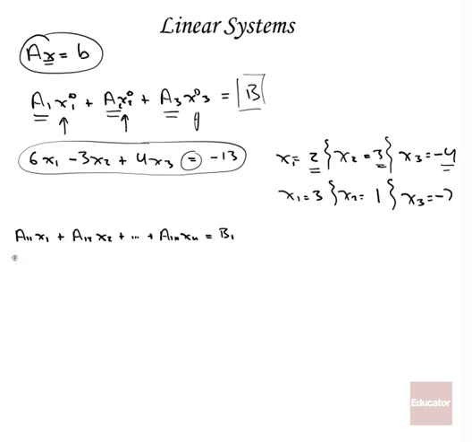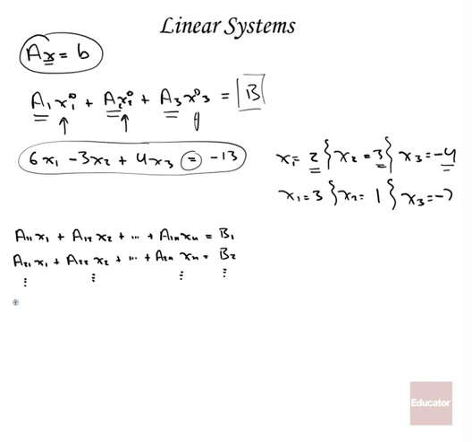And now we'll write another one, a21 x1, and I'll explain what these subscripts mean in just a moment, plus a22 x2 plus dot dot dot plus a2n x sub n equals b2. Now we have our second equation. And then we go down the line. So I'm going to put a dot dot dot there. That means we're dealing with several equations here.